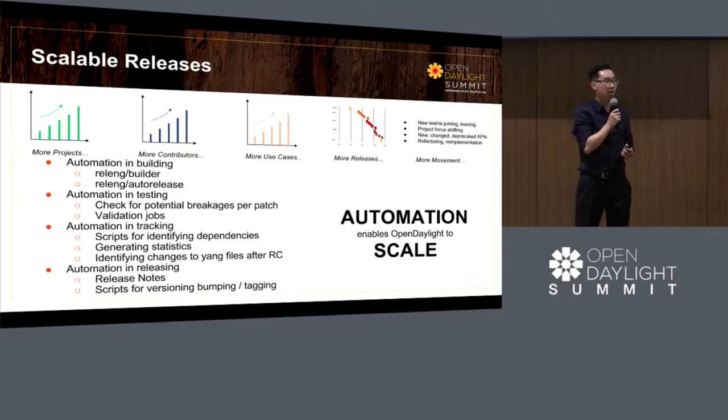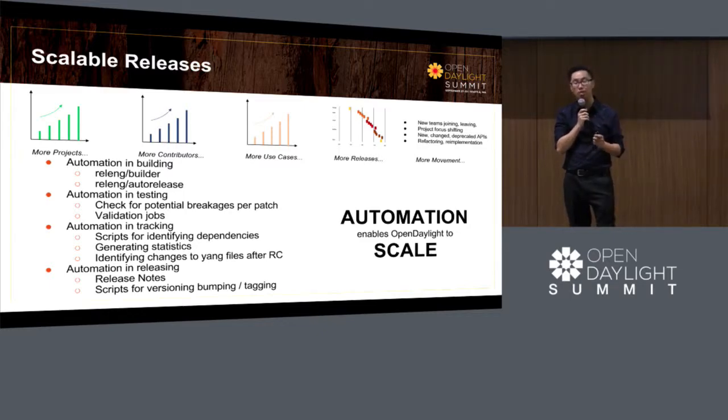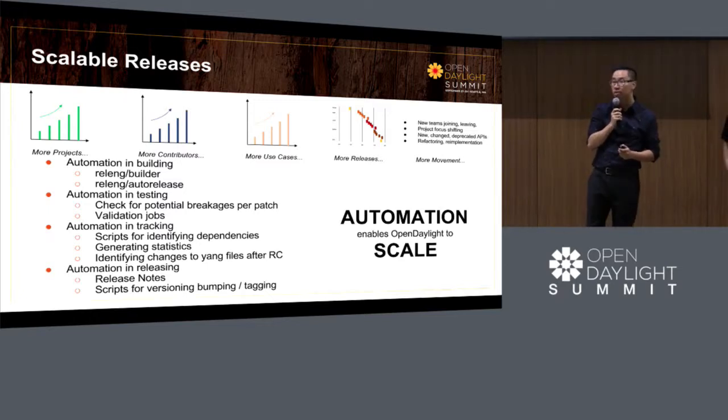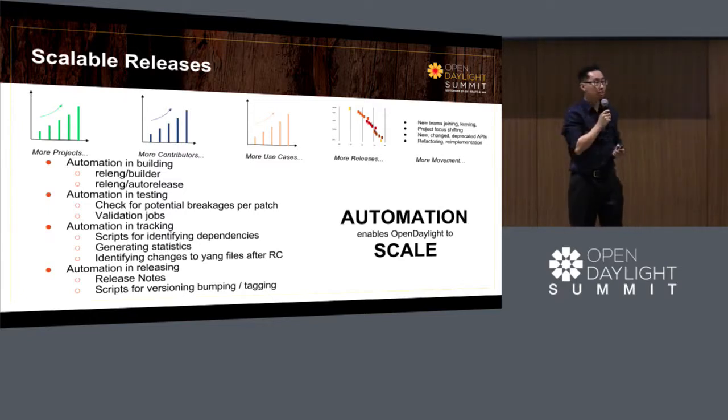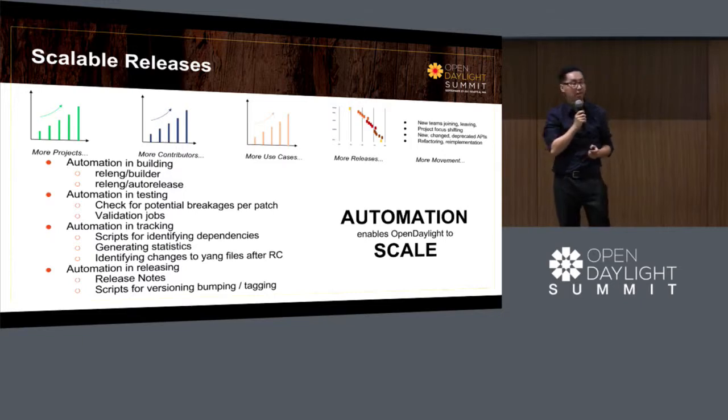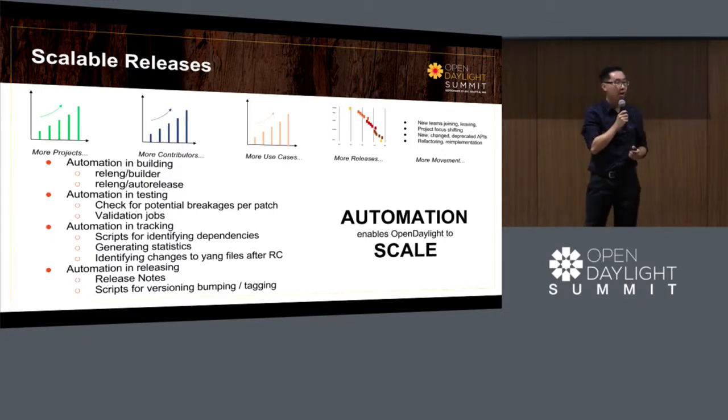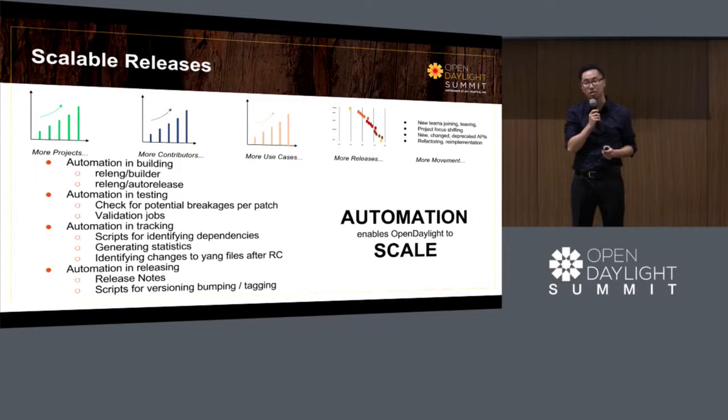We have automation in our tracking, such as automated scripts to identify dependencies, automated scripts to collect statistics, and automated scripts to help us identify any changes to APIs or Yang files in Gerrit. We also have automation scripts in releasing, such as generating our release notes automatically and scripts to help us version bump and tag, which again, my colleague Thanh will discuss later.